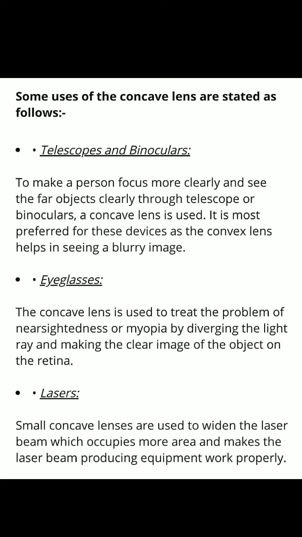That means in the case of a laser, we use a very small concave lens, and this concave lens has a wider field of view, so it widens the laser beam, which occupies more area and makes the laser-based equipment work properly.